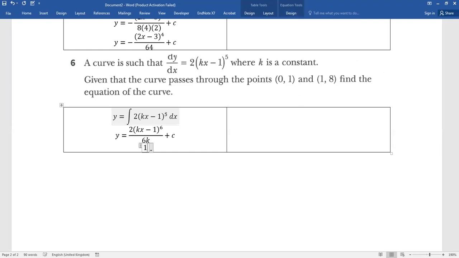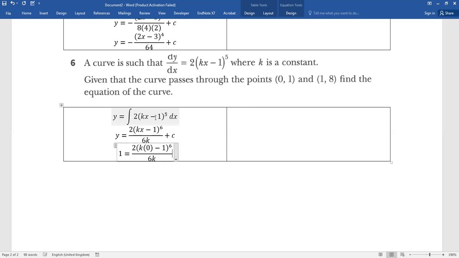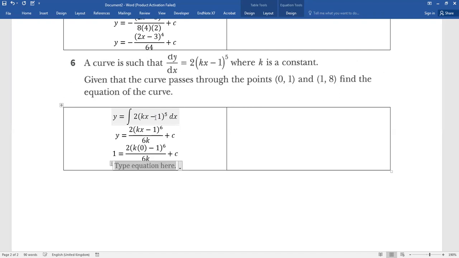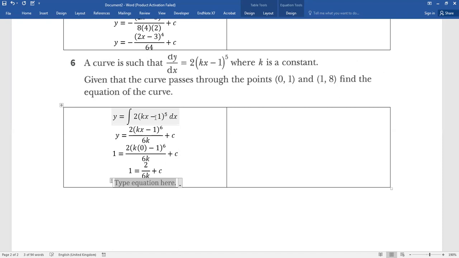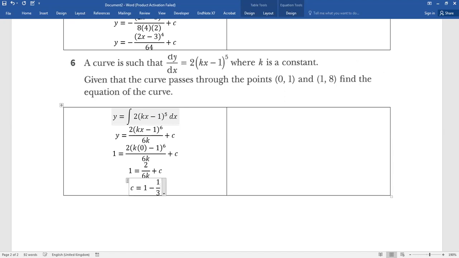Now you plug in the values 0 and 1. 1 is equal to 2 bracket k times 0 minus 1 to the power 6 over 6k, plus c. So 1 is equal to, since minus 1 to the power 6 is 1, 2 over 6k plus c. So the value of c will become 1 minus 1 over 3.